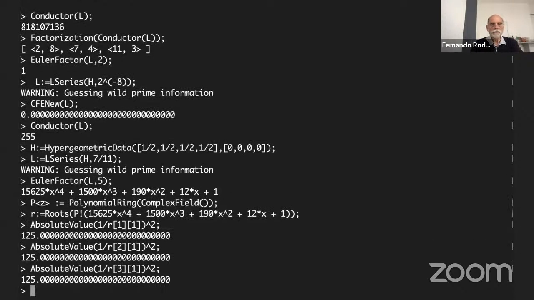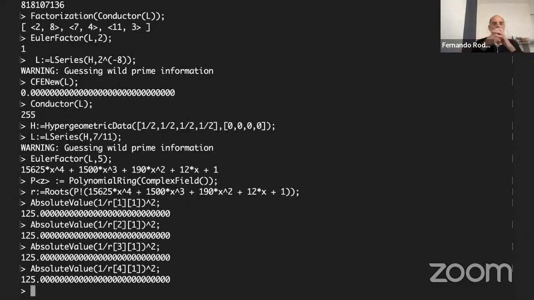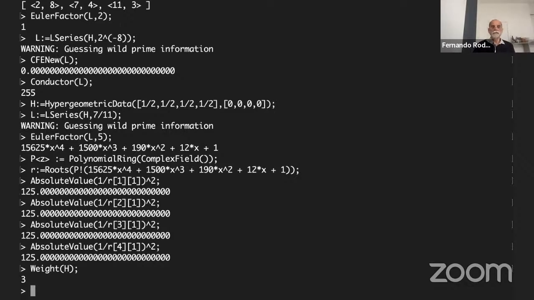So this is the weight story of the Weil conjectures. And so the weight here is 3, 5 cubed is 125. And we can check. The weight is something that is purely combinatorial from the data. So independently of doing anything with Euler factors, you can compute the weight of this motive.